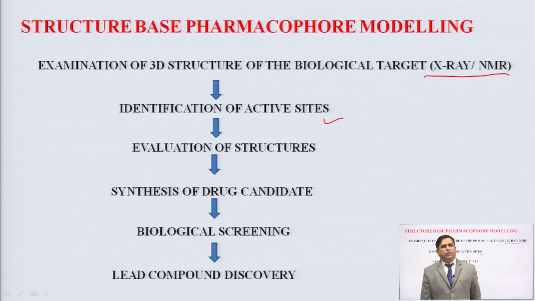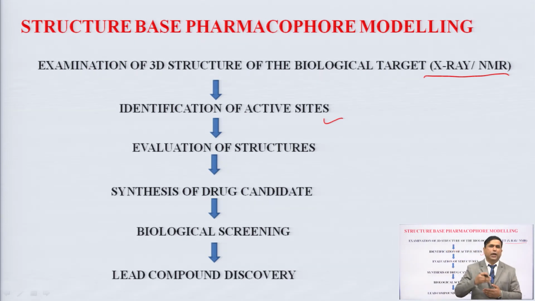Next is evaluation of the structure. After the identification of the active sites, which type of active site it is and what is happening in these active sites are determined with the help of evaluation of the structure.